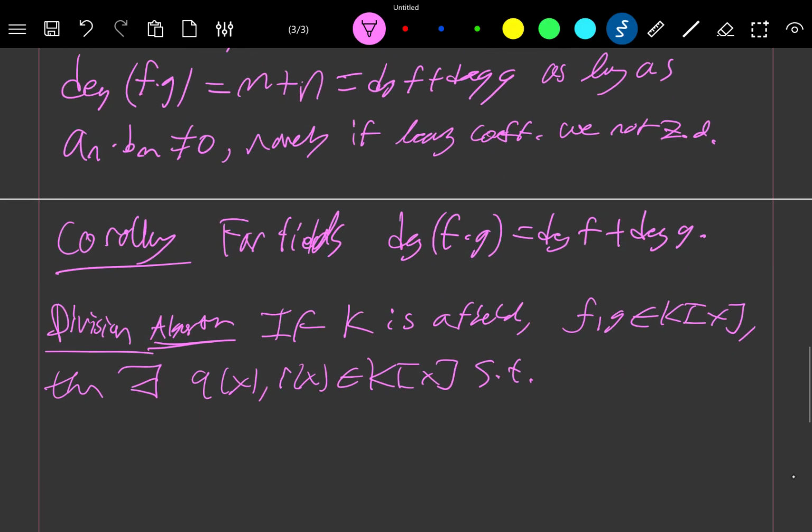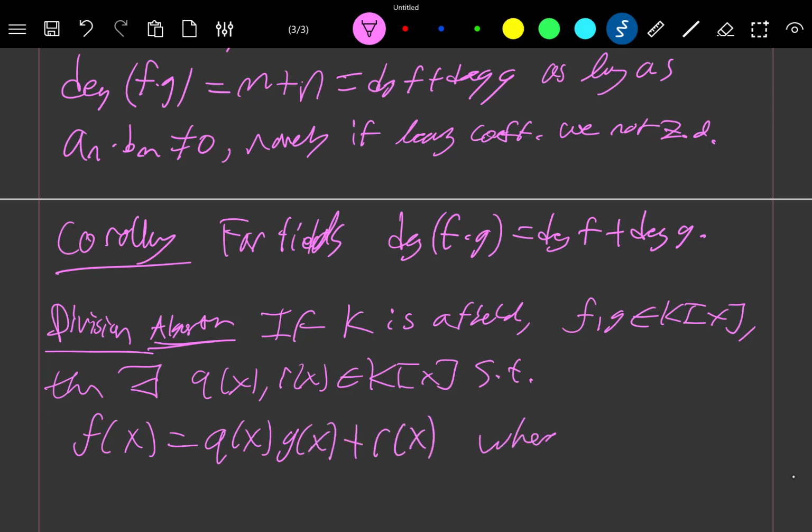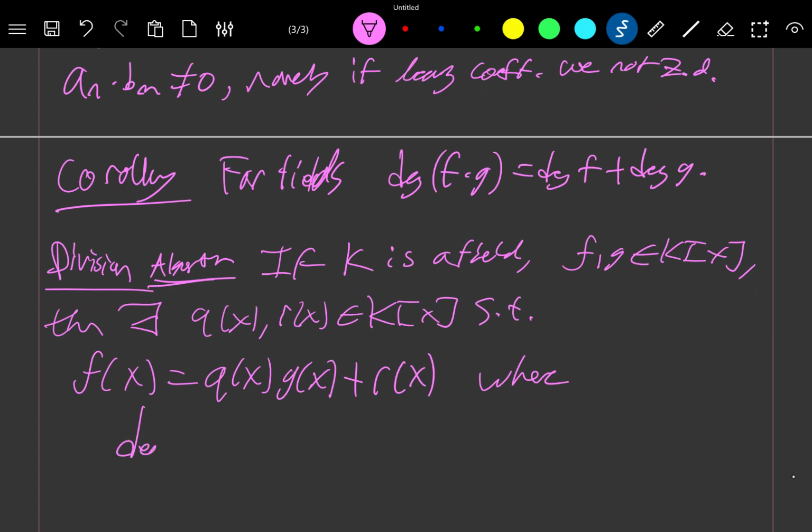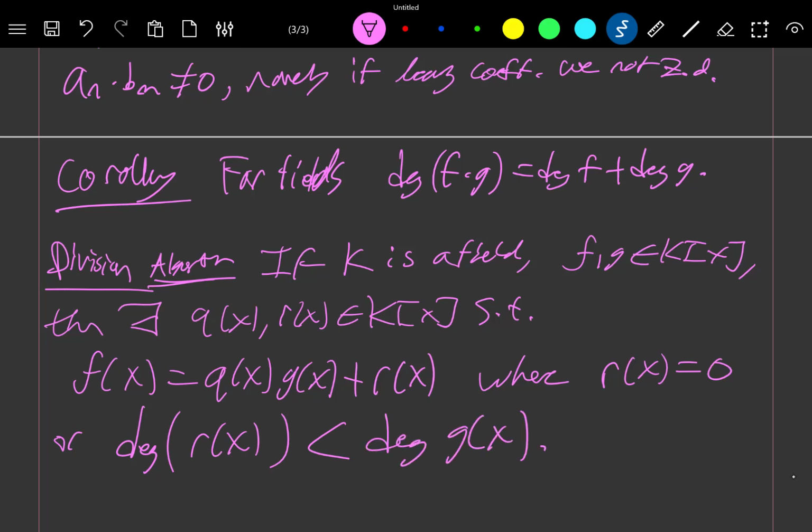such that f of x is q of x times g of x plus r of x, where, well, r of x could be 0, or the degree of r of x is strictly less than the degree of g of x.